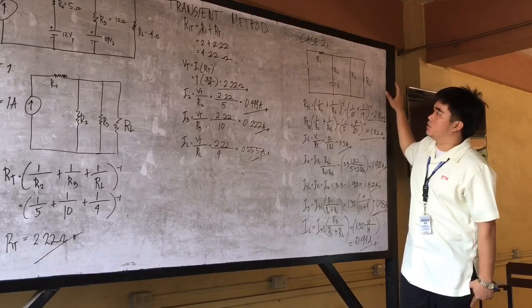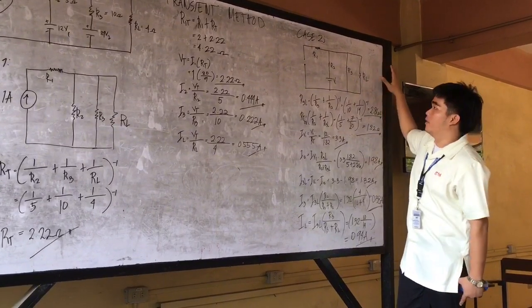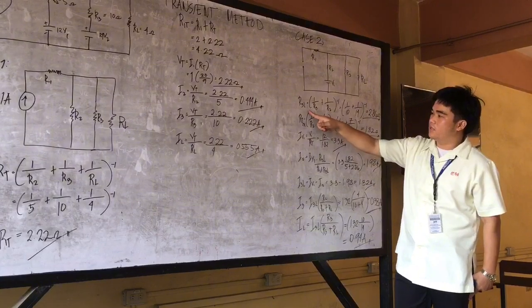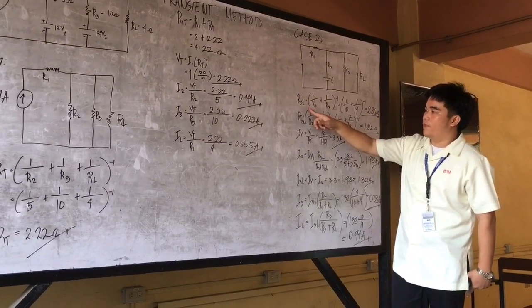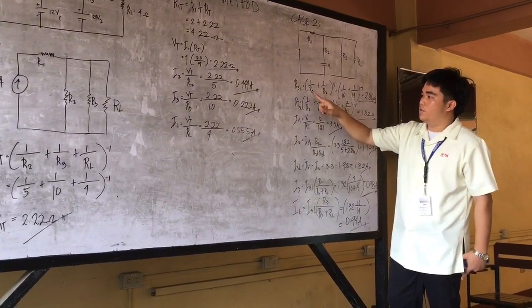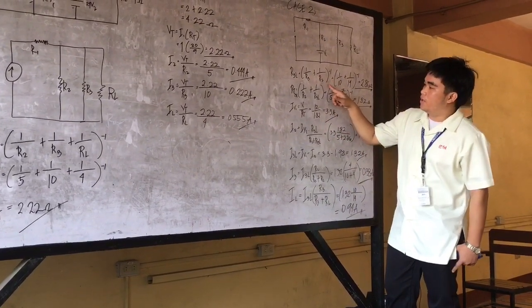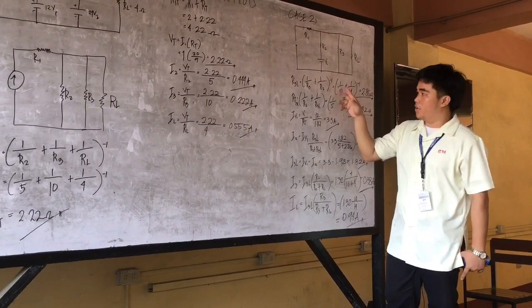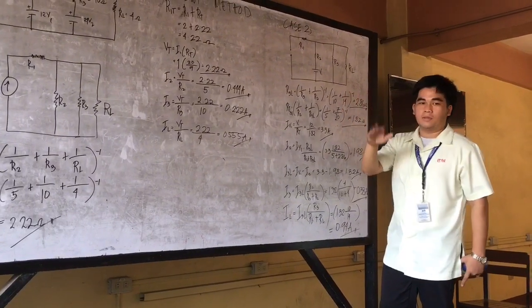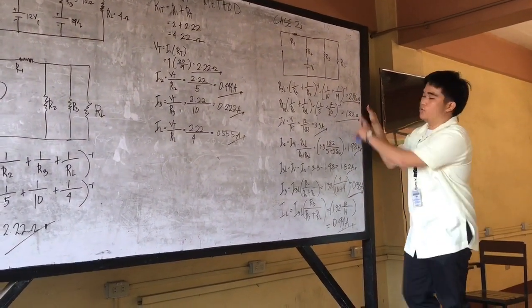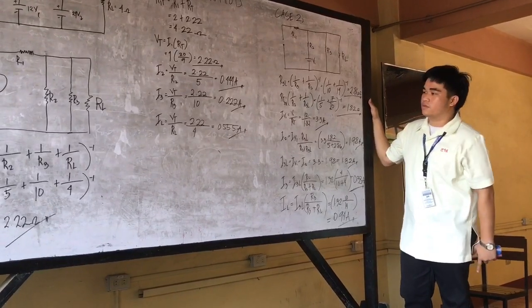Next, in case 2, we have to remove the I sub 1, the current, then remove the V sub 2, the voltage. So we have this diagram, sorry. So for the solution, we have the formula of the R3 load equals 1 over R3 plus 1 over RL, then exponent negative 1. Substituting the given, our answer is 2.86 ohms.